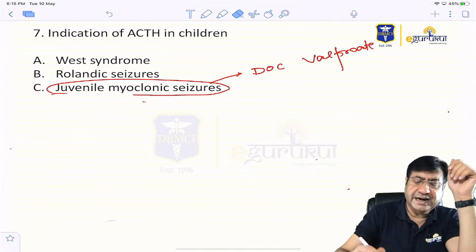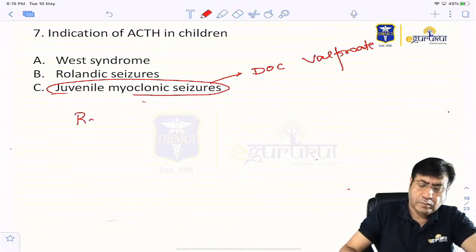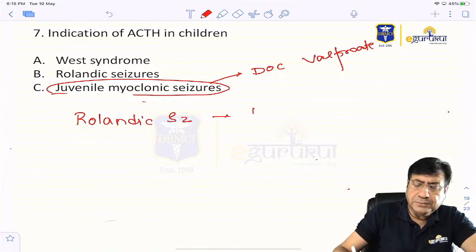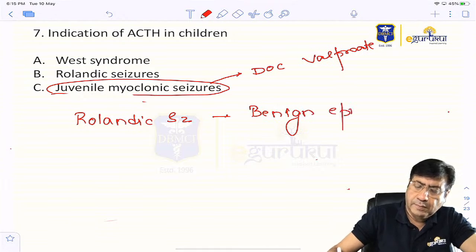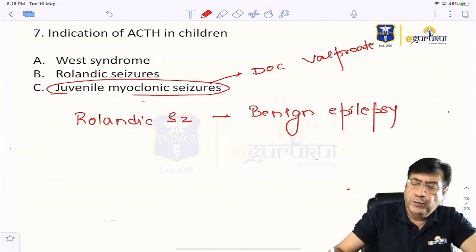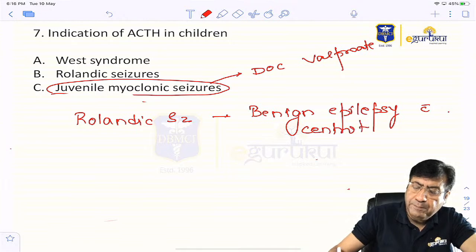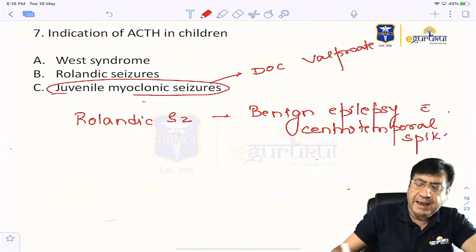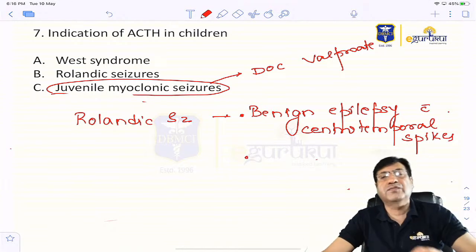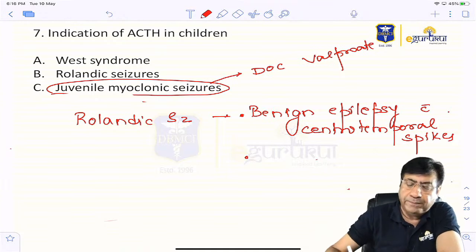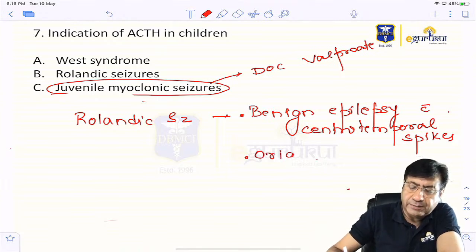So these Rolandic seizures are sometimes also called benign epilepsies with centrotemporal spikes, and the name Rolandic epilepsies or Rolandic seizures comes from the fact that they originate from the Rolandic area of the brain.